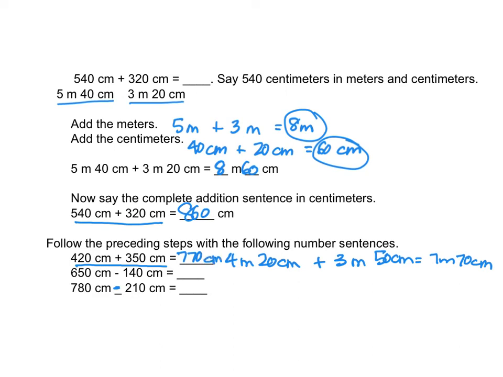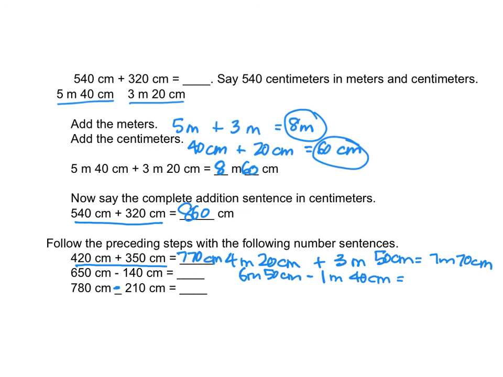Let's go on to the next one, and this one will maybe help us to see a little bit more why we want to break them apart sometimes. 650 centimeters minus 140 centimeters. So we're going to break it apart into meters and centimeters. 6 meters, 50 centimeters. And we're going to subtract from that 1 meter, 40 centimeters.